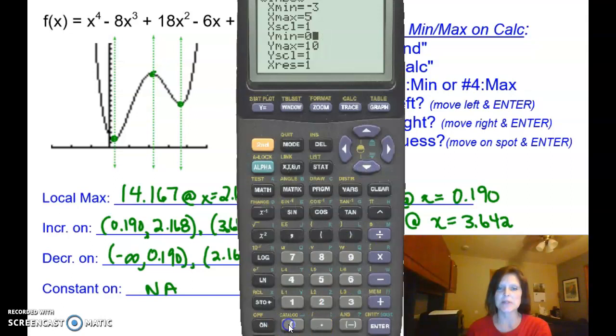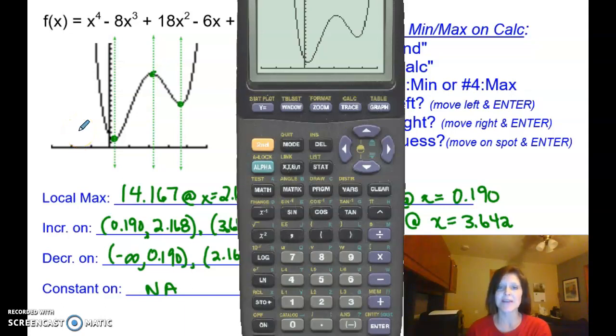We don't need those negative y's, but we might want to go up a little higher to 20. So now if I hit graph, it looks pretty much like the screenshot I have here. So I can now see a lot more detail.